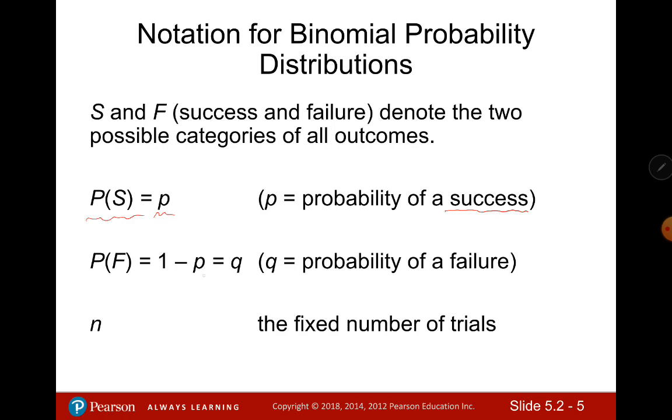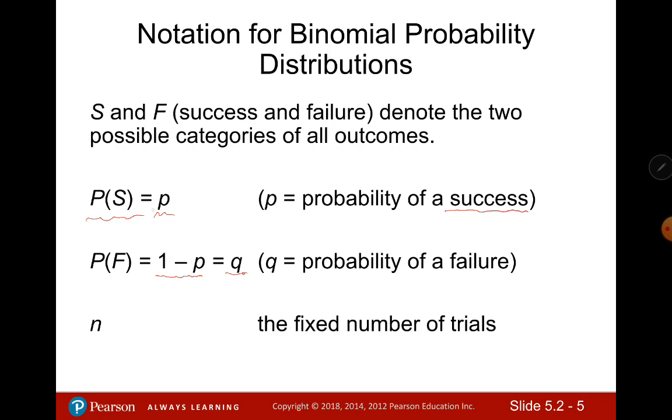Similarly, we have another new notation called lowercase q. It's just 1 minus p, and the meaning is the probability of a failure. So for a single trial, the probability of a failure, we do not use P(F) in this distribution. We directly use lowercase q.